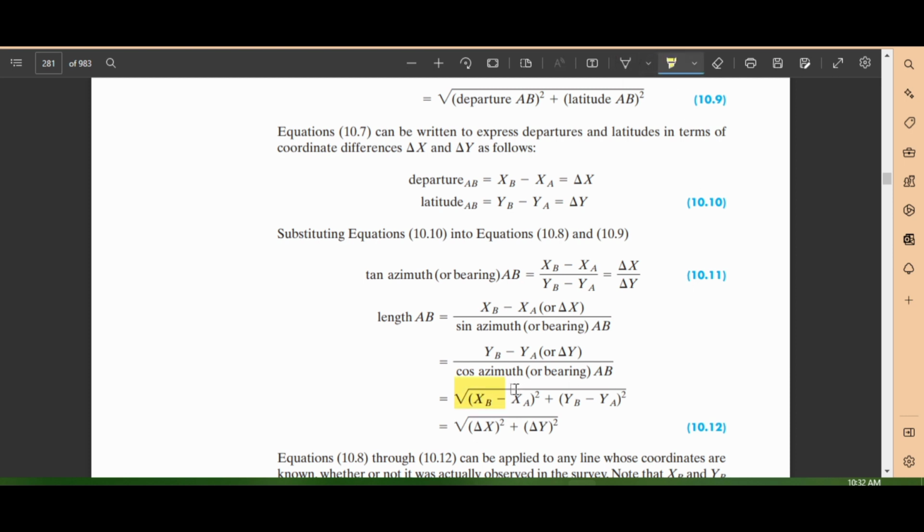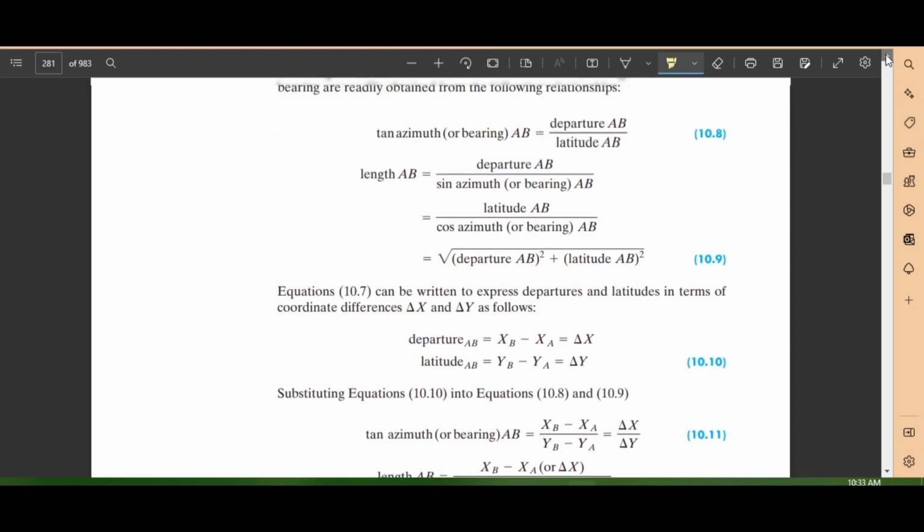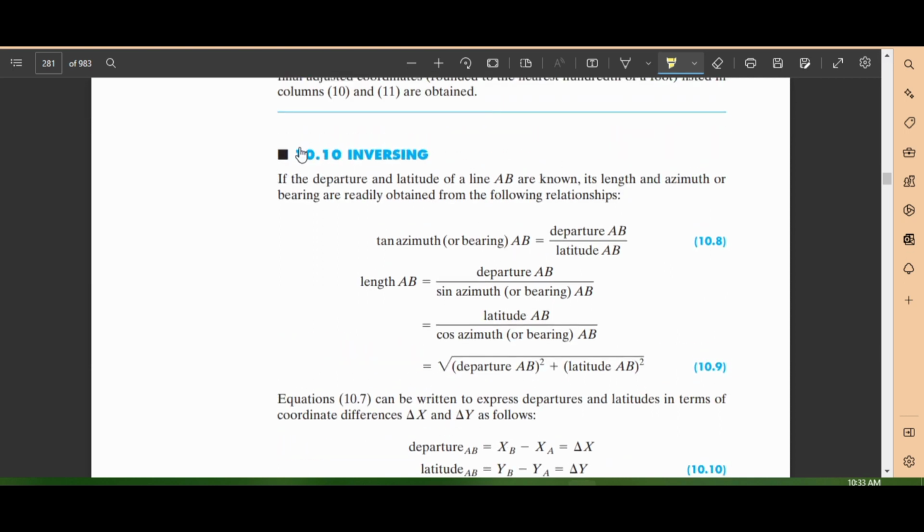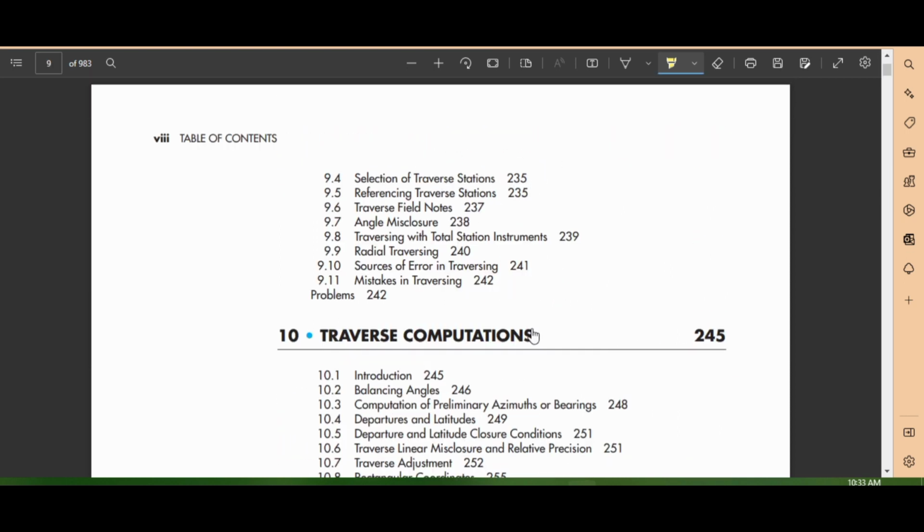So there are all the formulas that I had applied. I got them from this book, and the formulas are used for finding the coordinates of the northing and easting, and in those formulas we compare everything with the length.